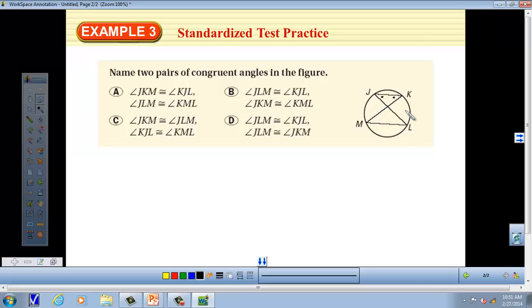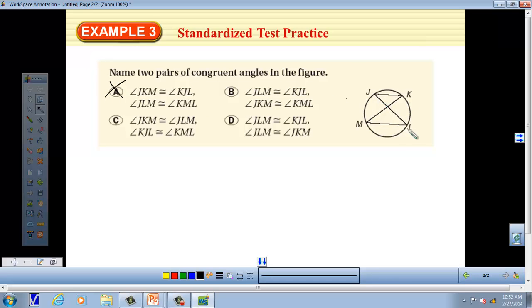Actually, this arc and this arc could be equal. JLM and KML, again, we don't know if that's true or not because we don't know if these arcs are equal, so I would say no to that.